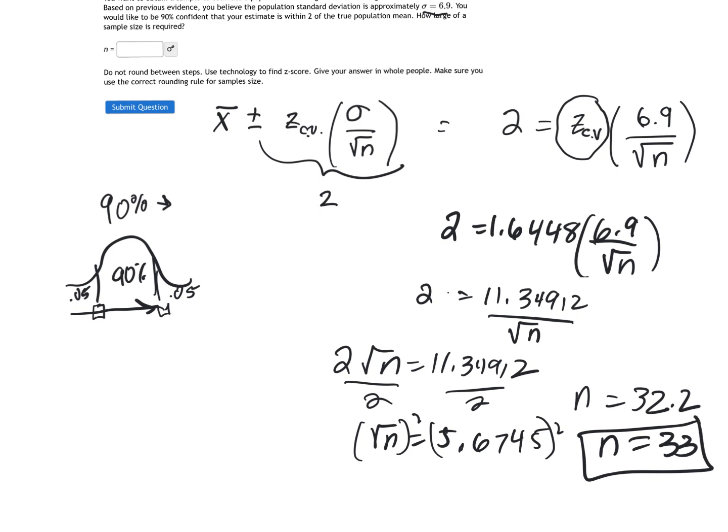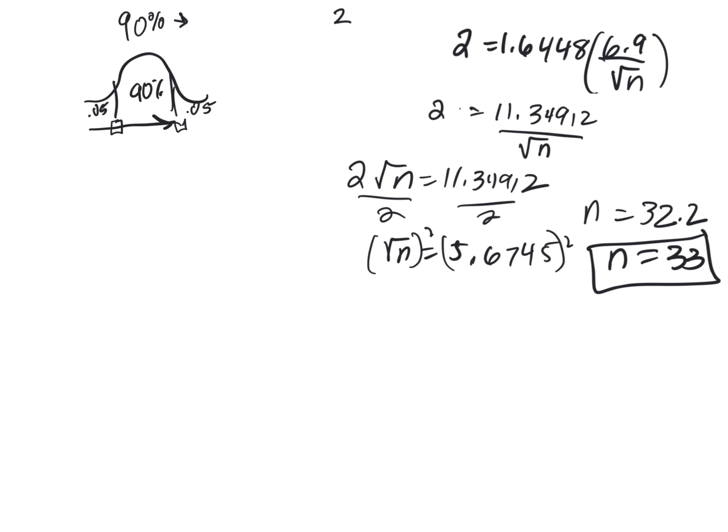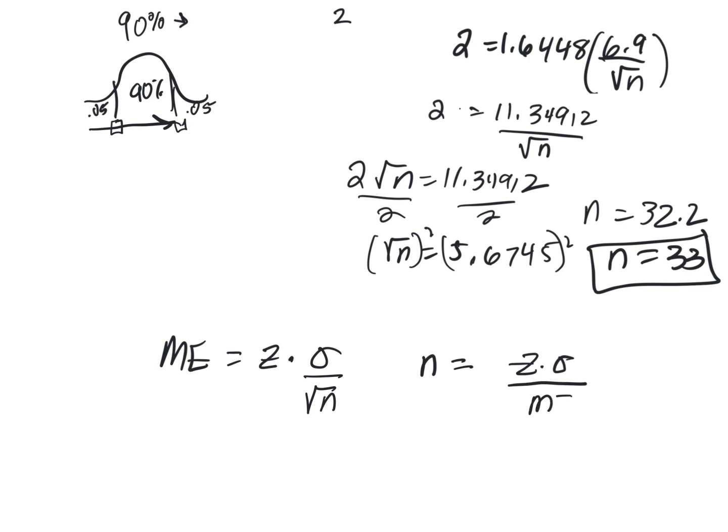Now there is a formula. If I were to just do this, your margin of error is equal to your z critical value times your standard deviation divided by the square root of n. If I were to just do this and solve for n naturally, the formula would be n equals z times the standard deviation divided by the margin of error, that whole thing squared.